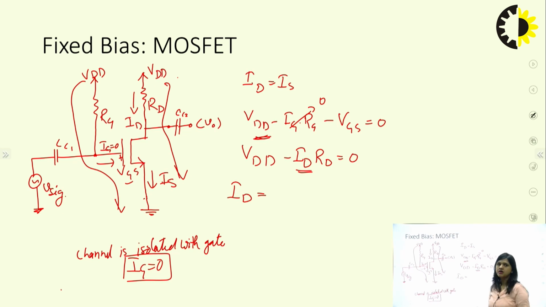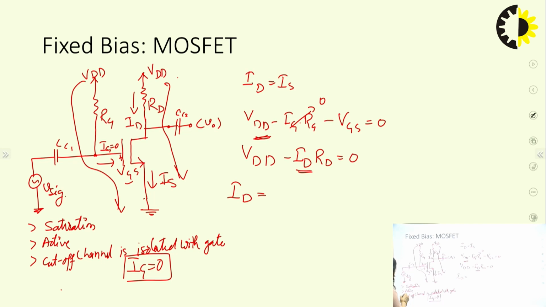Again I am repeating, for the MOSFET there are three types of operating region: one is saturation, second is active or linear, and third is cutoff. For switching applications, the cutoff and active regions are used in the case of MOSFET, whereas for amplification the saturation region is used. So we should know the equation for saturation current as well as the linear current.